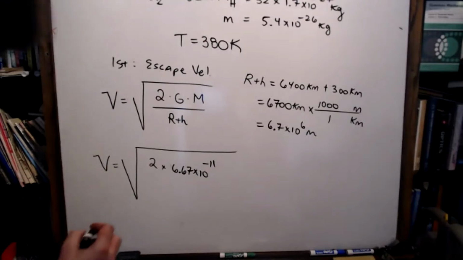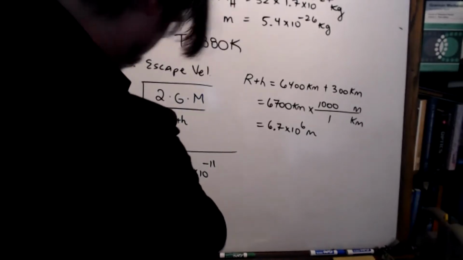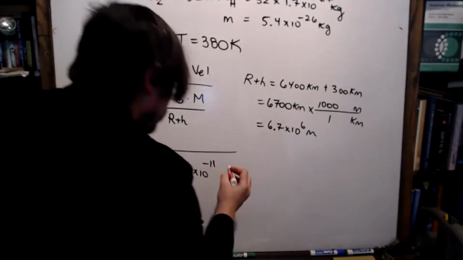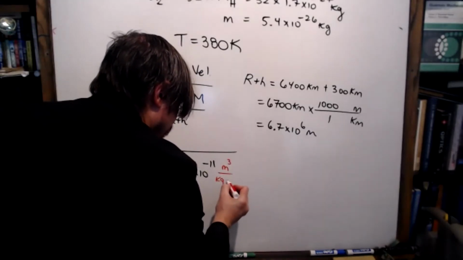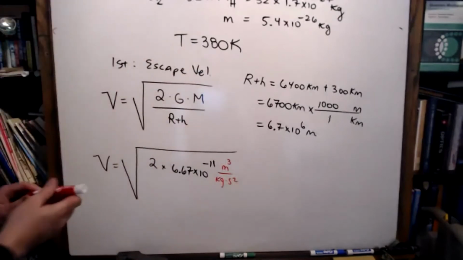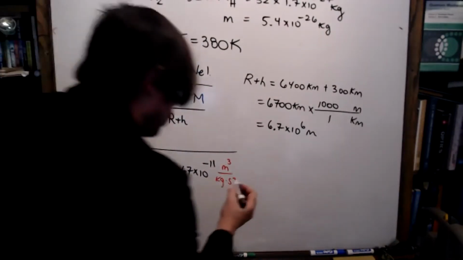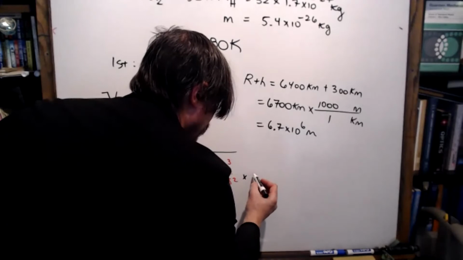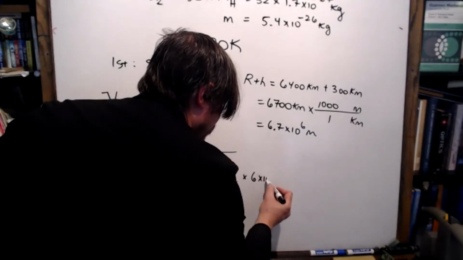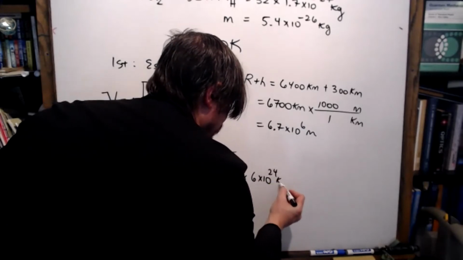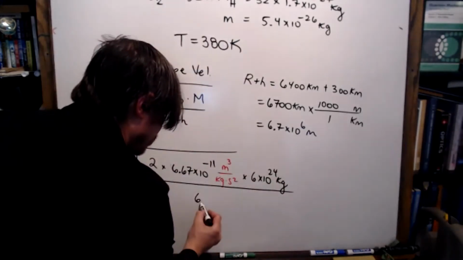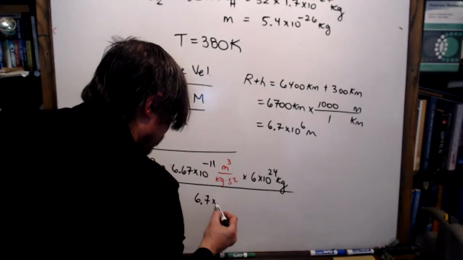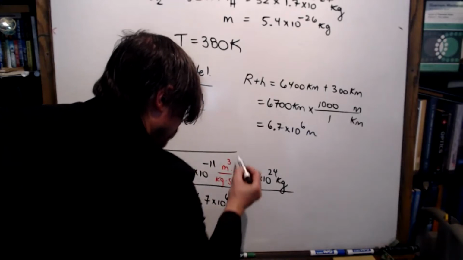The units are meters cubed per kilogram per second squared, times the mass of Earth, 6 times 10 to the 24 kilograms, all over 6.7 million meters.